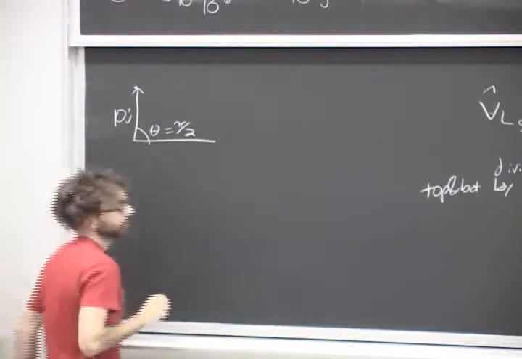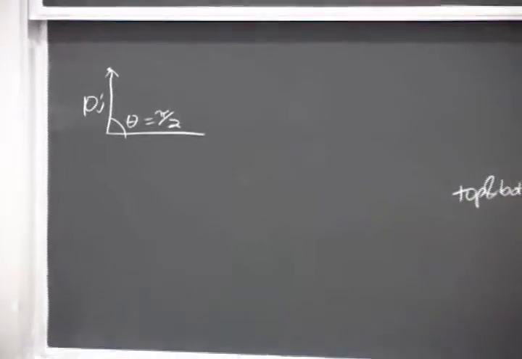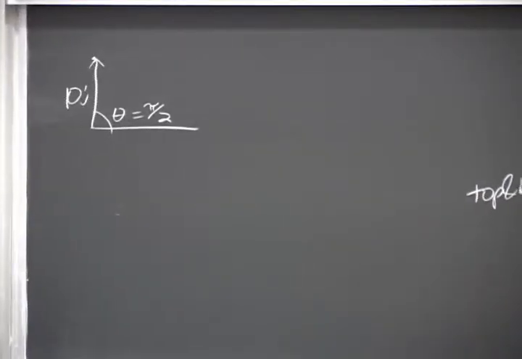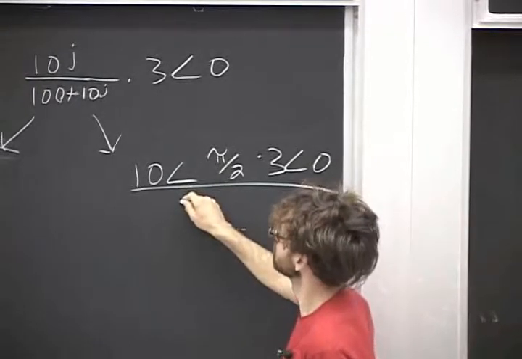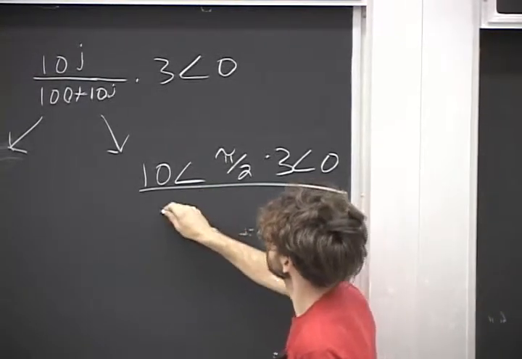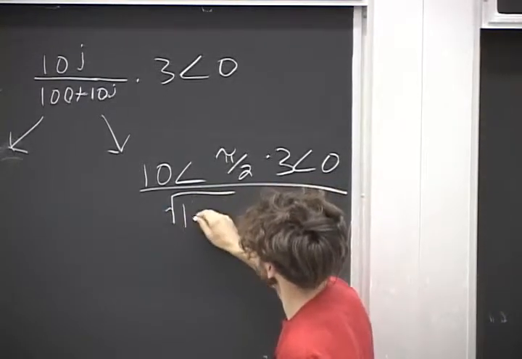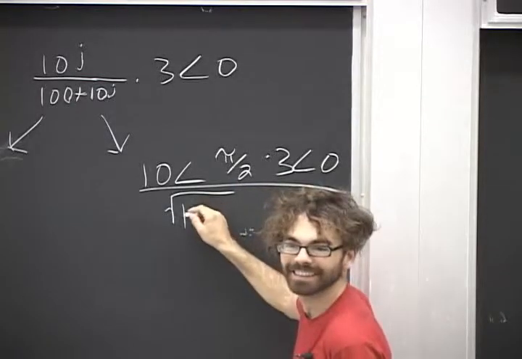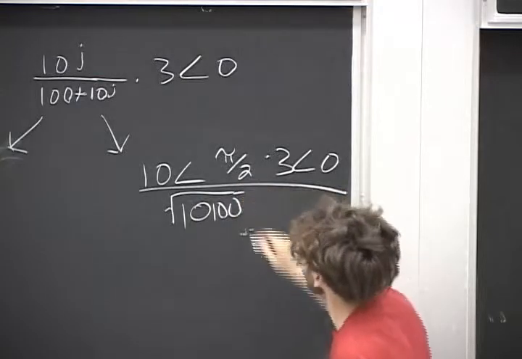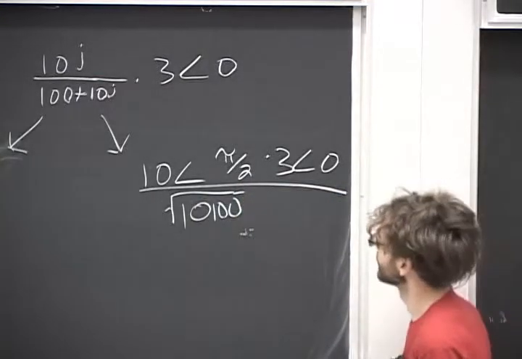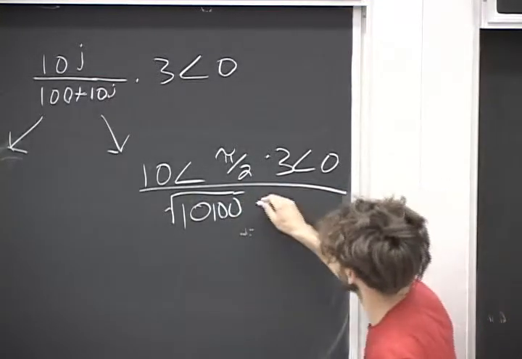Okay, so 10 angle pi over 2 times 3 angle 0, all over, what's the magnitude? 10,100, okay. And the angle is arctan of what?